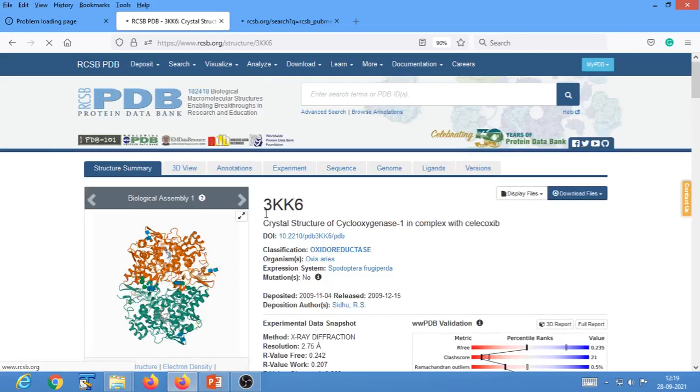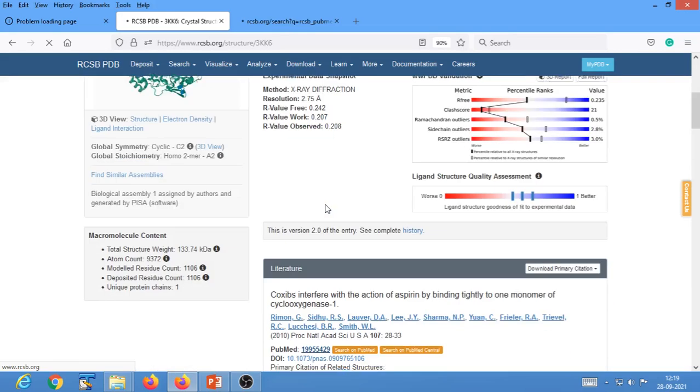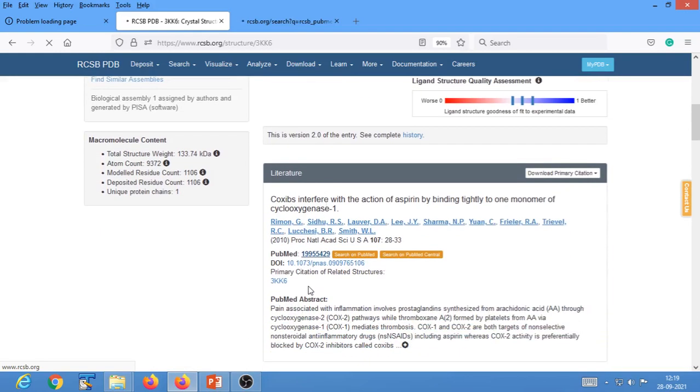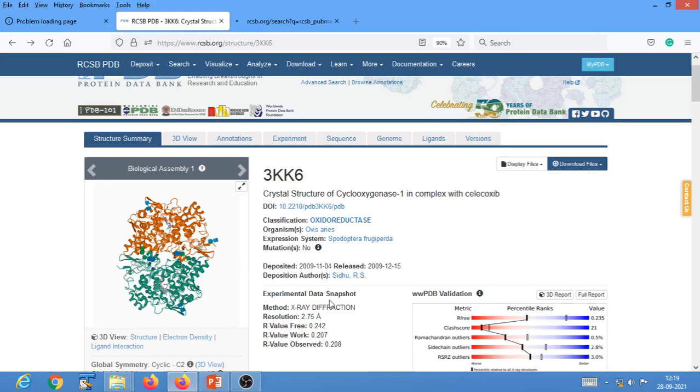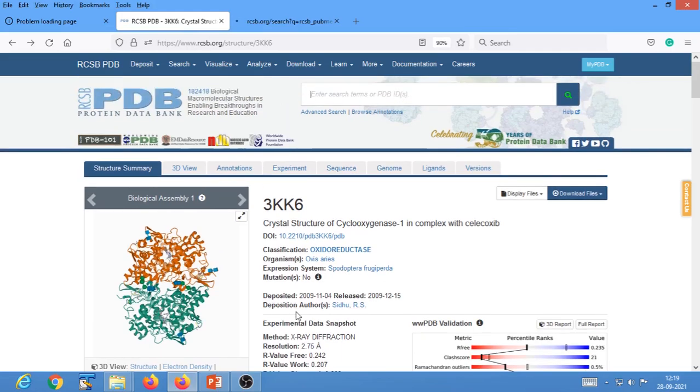So you can see that this model 3KK6 was published in a very good journal, Proceedings of the National Academy of Sciences, PNAS. You can download the paper from PNAS, read that paper, and then try to work on your model.